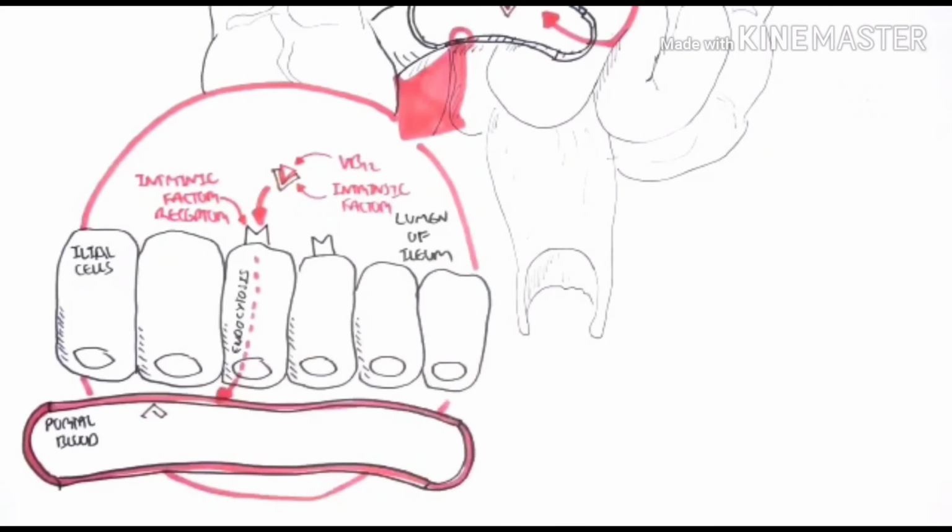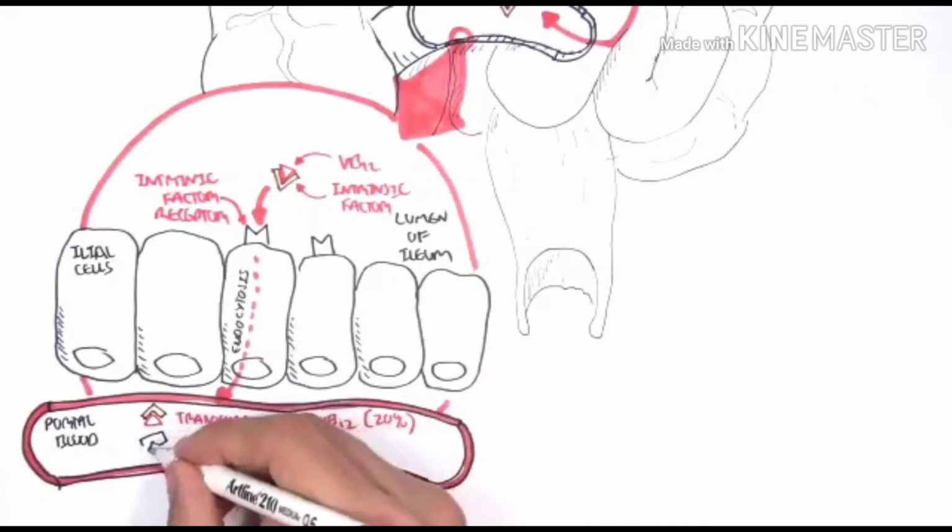In the portal vein plasma, the vitamin B12 from the intrinsic factor complex attaches to transcobalamin 2. Only 20% of vitamin B12 is attached to transcobalamin 2.